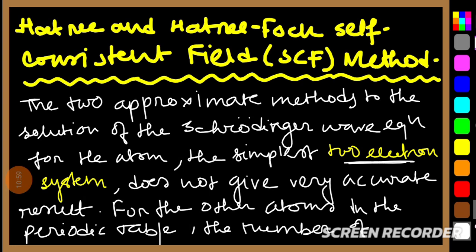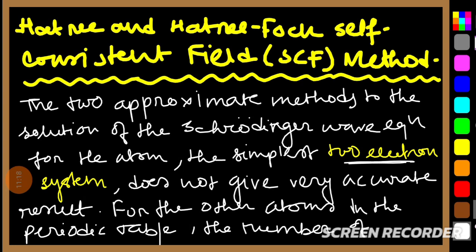So it does not give very accurate results. That means the accuracy differs. You never get the accurate result by using perturbation theory along with variation theorem in the case of helium, the two electron system.